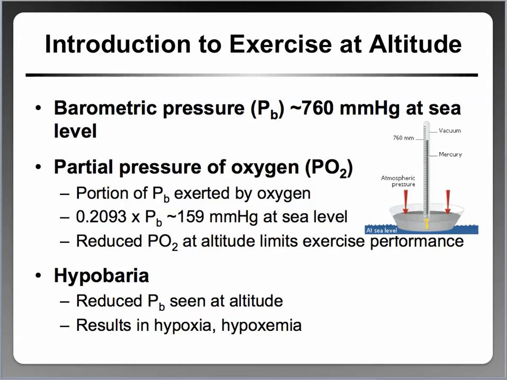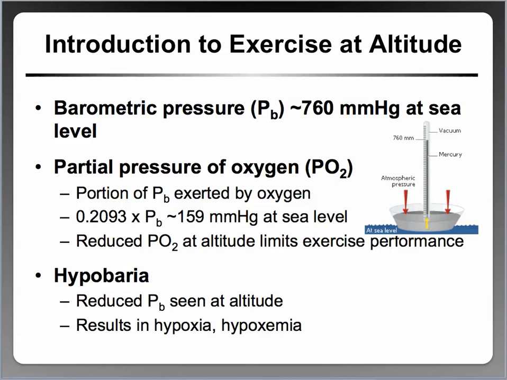The way we go about doing that is we know that the percentage of oxygen in the atmosphere is 20.93. We convert it into a decimal, 0.2093, and multiply it by our millimeters of mercury.